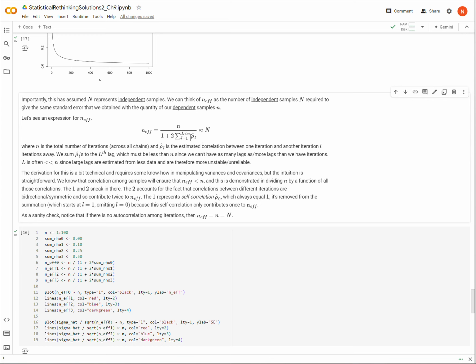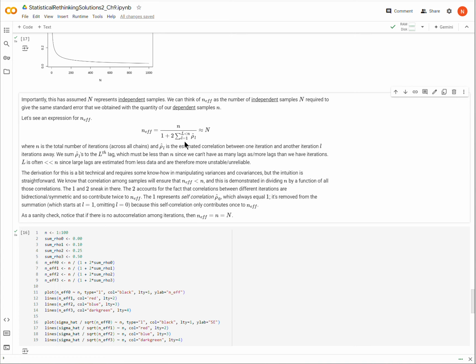All right, so here we have rho hat sub L, and rho hat represents the correlation between one iteration and another iteration L iterations away, where L stands for lag. So if L equals 1, then this would be like the correlation where your data set is iteration 1, iteration 2, iteration 2, iteration 3, iteration 3, iteration 4.